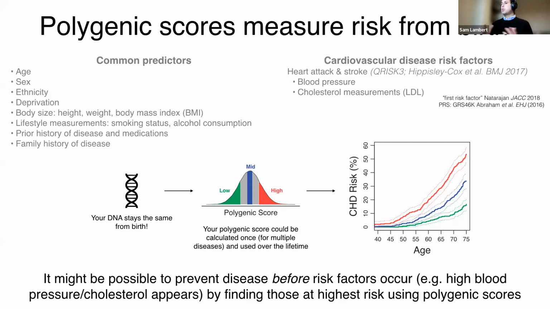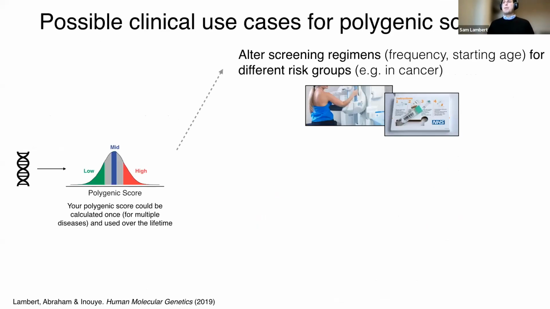This is just one scenario where polygenic scores could inform risk prediction while you're still young, but they might also be used to alter screening regimens. In cancer, we're not trying to prevent disease. Usually you're trying to identify early stage disease so that you can treat it before it becomes unmanageable. This is why people get mammograms or have bowel cancer screening.